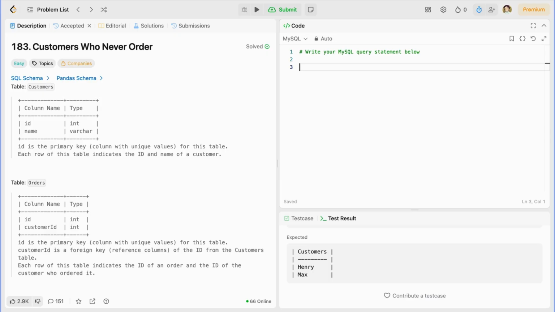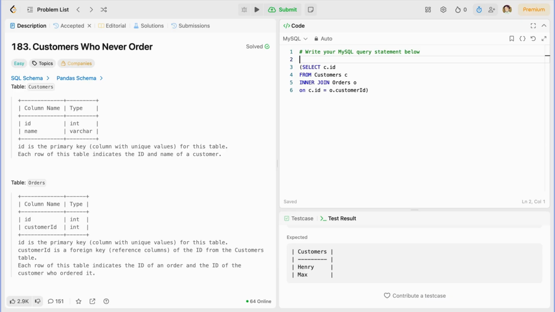I'm going to perform the same inner join: from the table customers C, inner join orders O on C.id equal to O.customer_id, and I'm going to select C.id. There is not much difference between the second and third solutions. In the second solution, I stored it in a common expression table, and here I'm going to use a subquery. That is the only difference.